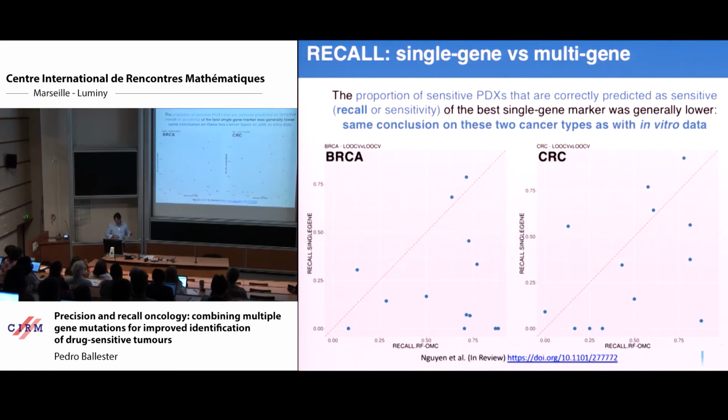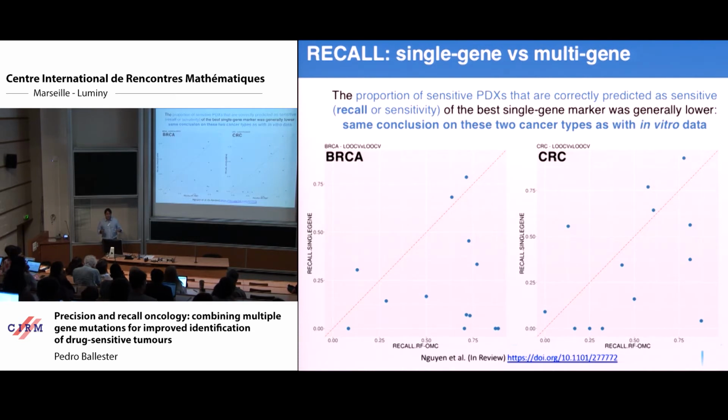But importantly, I'm coming back to the recall of these models. When we are comparing single gene markers with multi-gene markers on this data set too, you can see that most of the treatments have, or the models for each treatment, so these are the 13 models here, 1 for each treatment, they have higher recall, so they are able to identify a higher proportion of sensitive tumors.